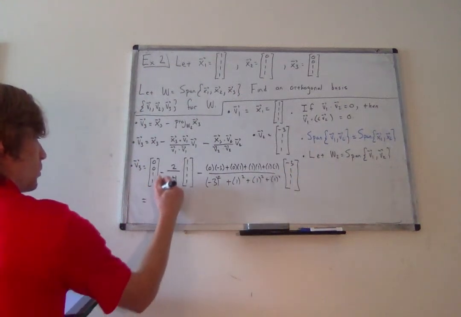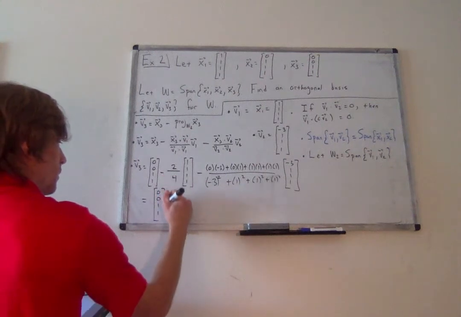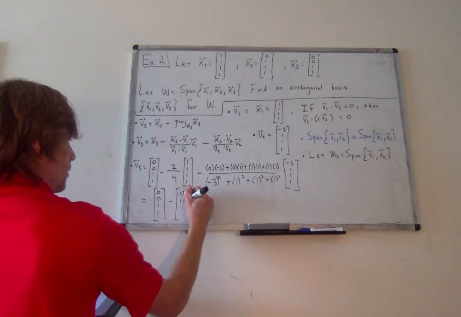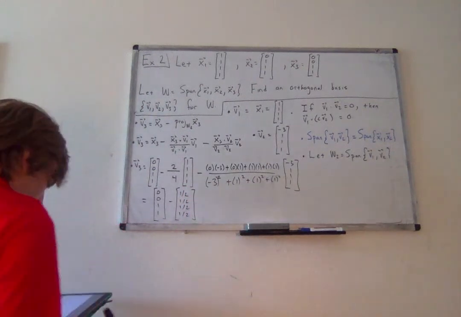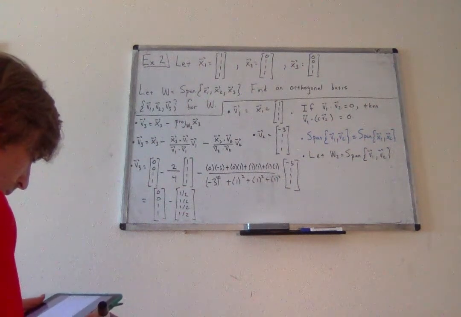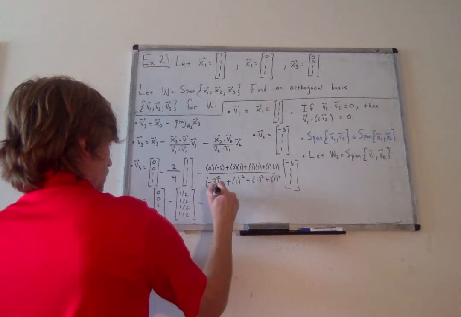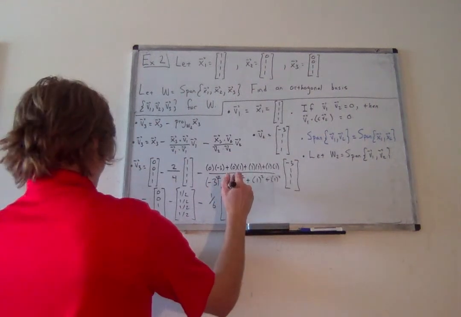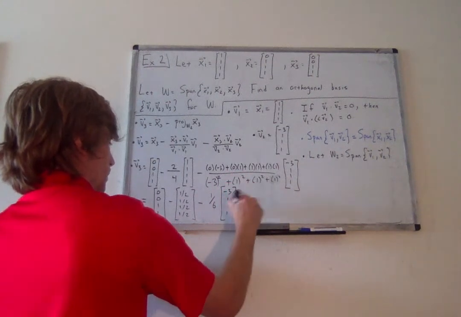And so this is equal to the vector 0, 0, 1, 1 minus 1 half, 1 half, 1 half, 1 half, minus 1 over 6 times negative 3, 1, 1, 1.